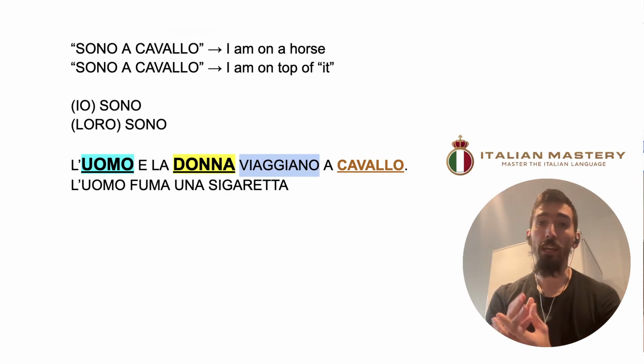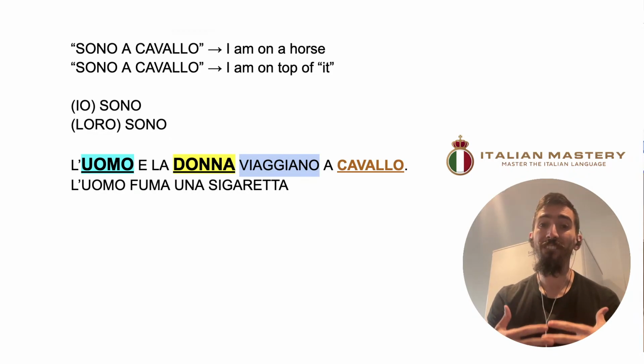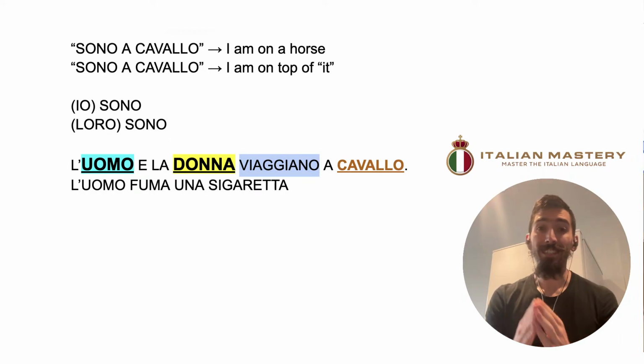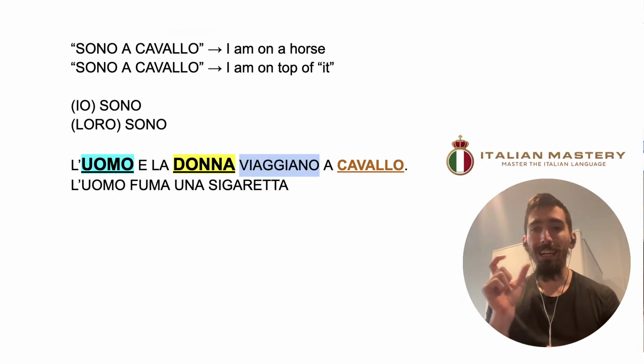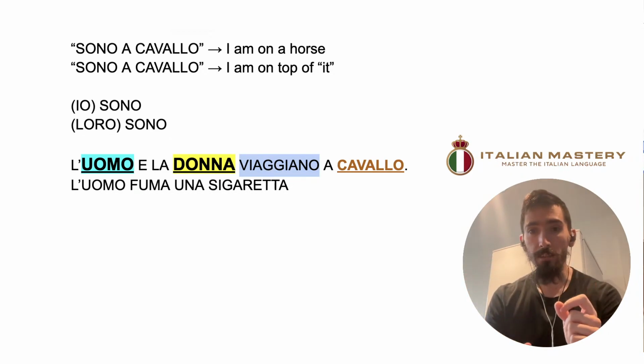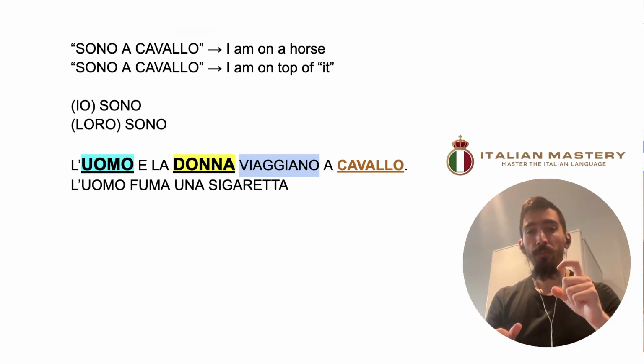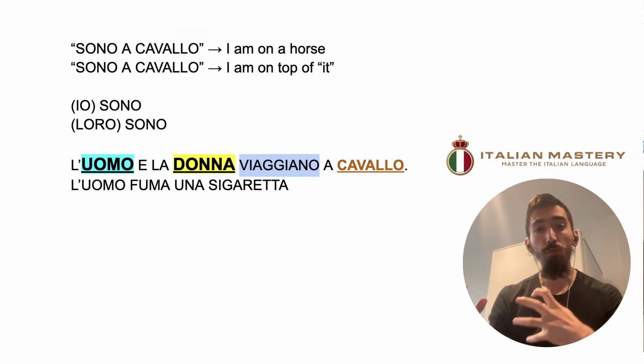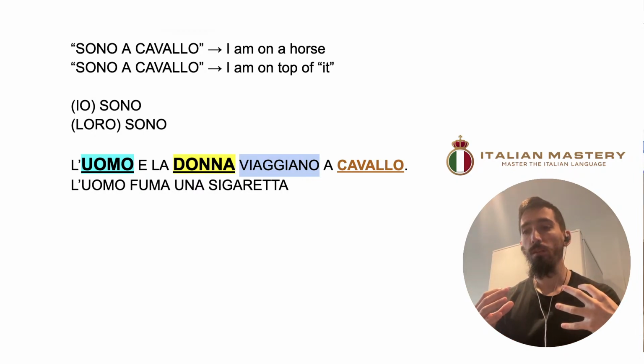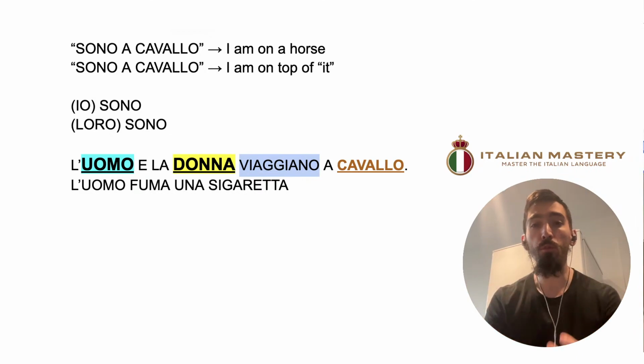So they're traveling. Viaggiano comes from viaggiare. Very simple verb. Viaggiare, to travel. Viaggiano a cavallo. Now this is great because a is the preposition used for describing how we move.